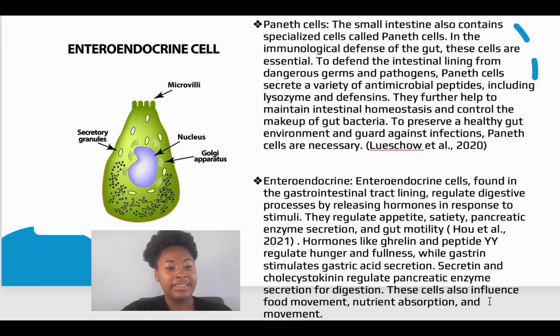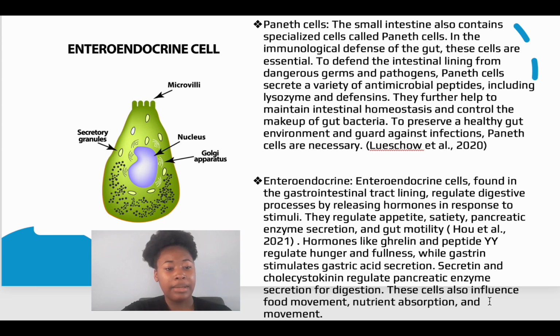Enteroendocrine cells. Enteroendocrine cells found in the gastrointestinal tract lining regulate digestive processes by releasing hormones in response to stimuli. They regulate appetite, satiety, pancreatic enzyme secretion, and gut motility.